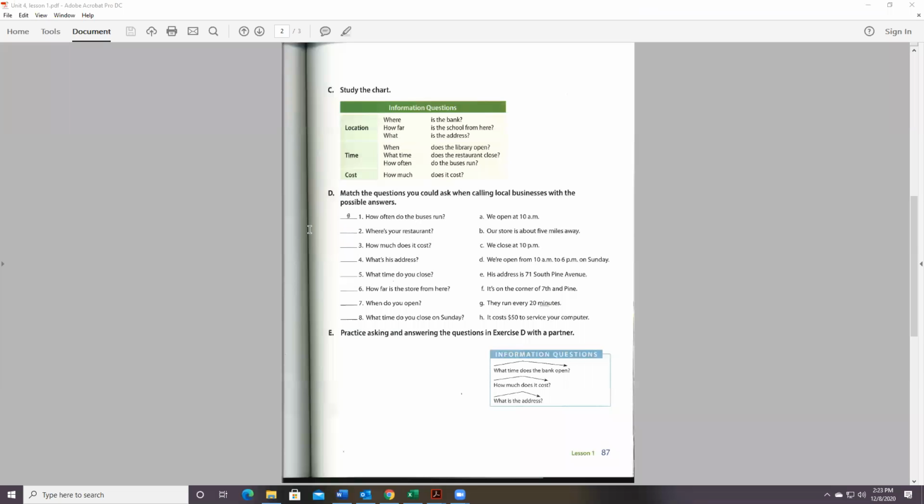Okay, I have F. It's on the corner of 7th and Pine. Three, how much does it cost?